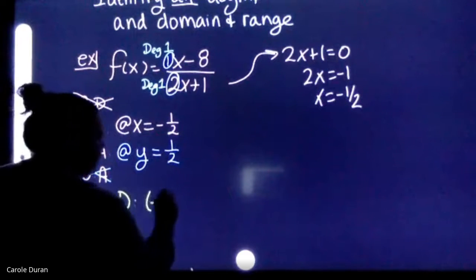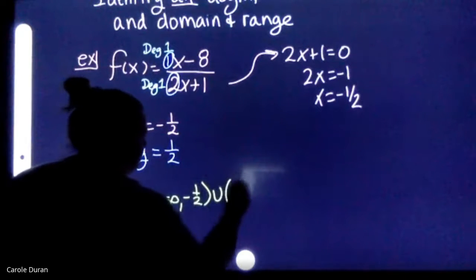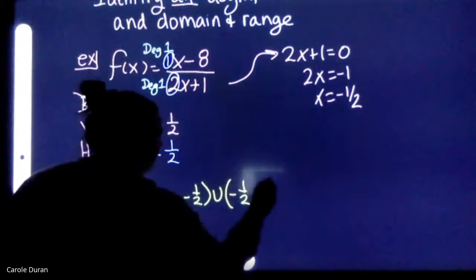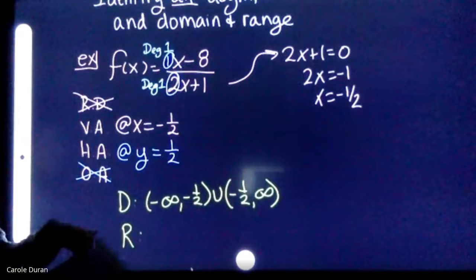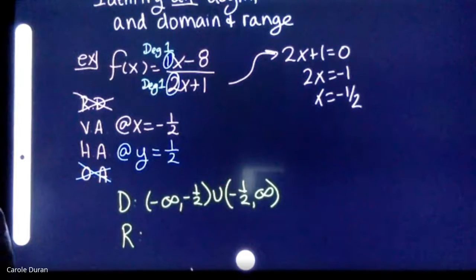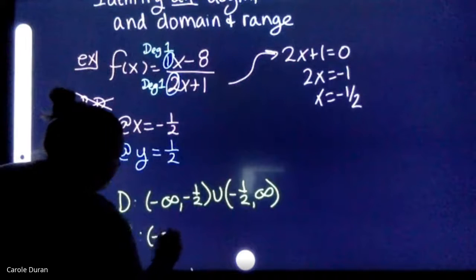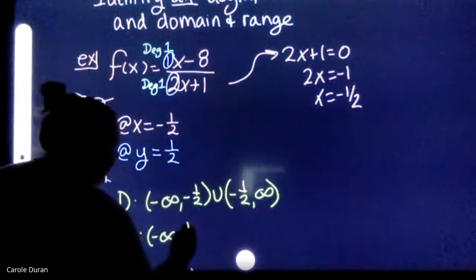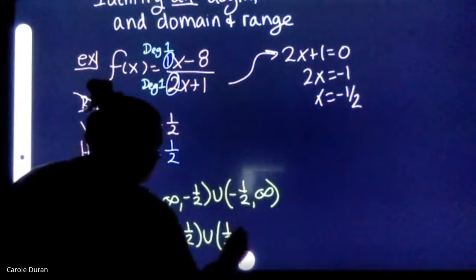So I would say this is negative infinity to negative 1/2, union negative 1/2 to infinity. So my interval needs to break at whatever my asymptote or discontinuities are. The same thing applies for my range. I assume it's negative infinity to infinity, except for my horizontal asymptote. So I say negative infinity to 1/2, union 1/2 to infinity.